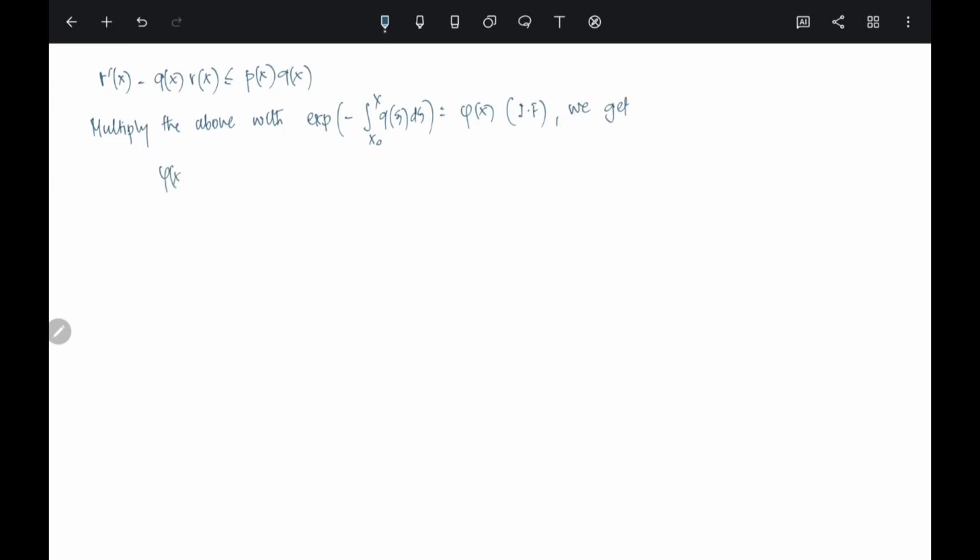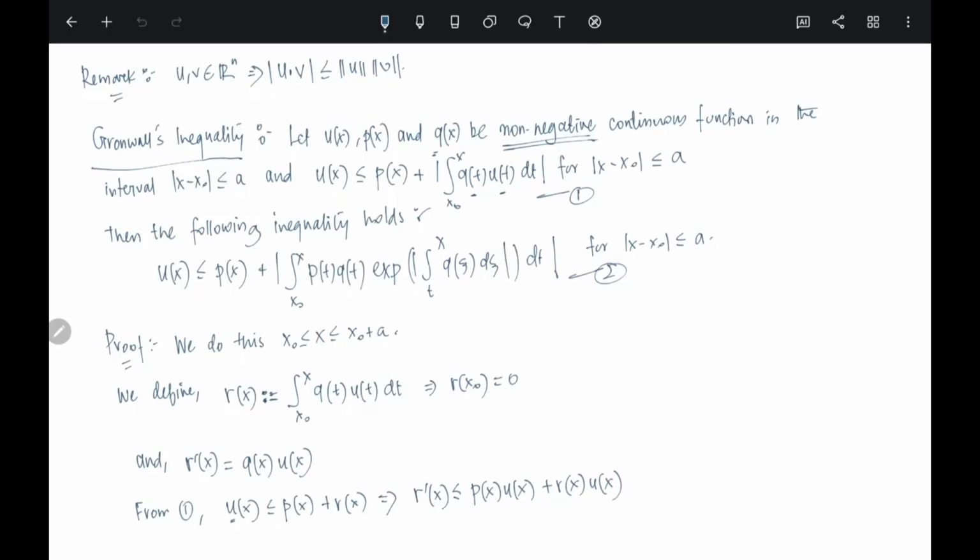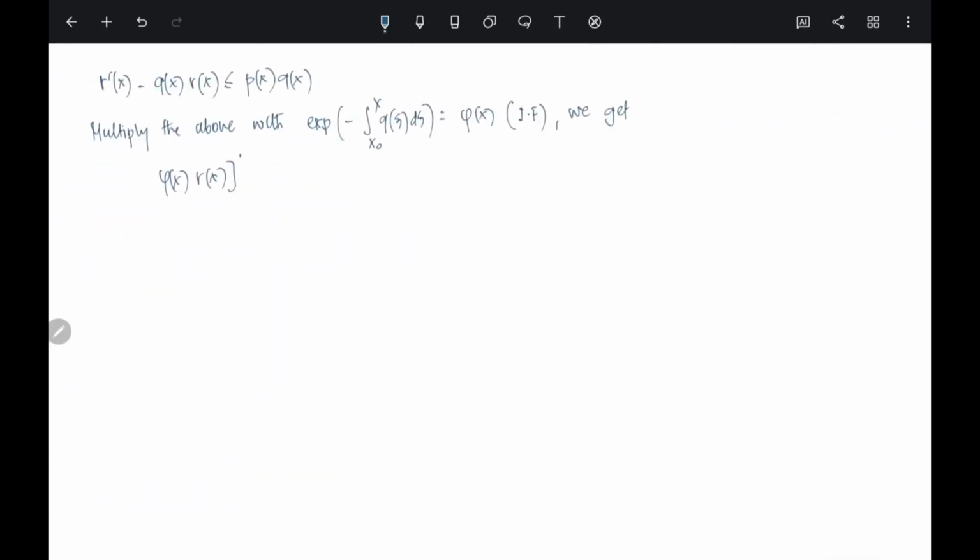phi of x times r of x. Okay, did we use phi anywhere? I don't think so. Okay, so we can use it. So the derivative of that is dominated by p of x q of x and phi of x, right? So we define phi to be this function, the integrating factor. So once that is there, now if you integrate both sides, what do you get? You get r of x, and 1 by phi of x it will be, right?